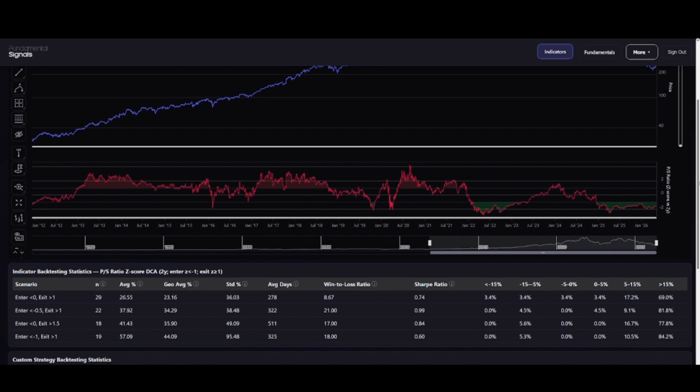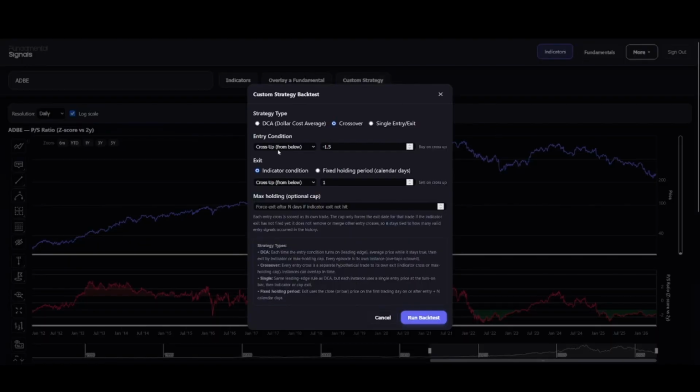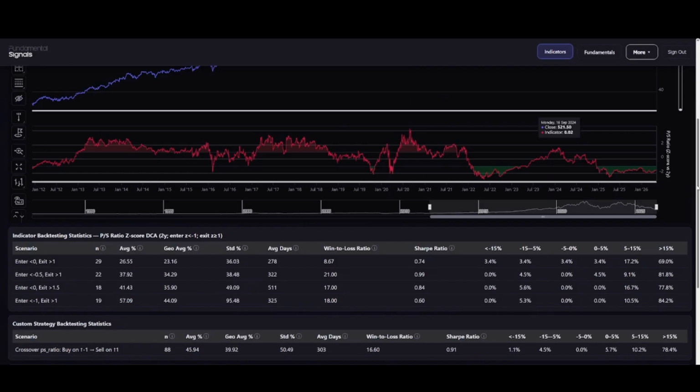So just some stats here. If it goes above -1, cross up -1 and you buy the stock and you wait until it becomes, quote unquote, overvalued, it goes above 1 standard deviation.